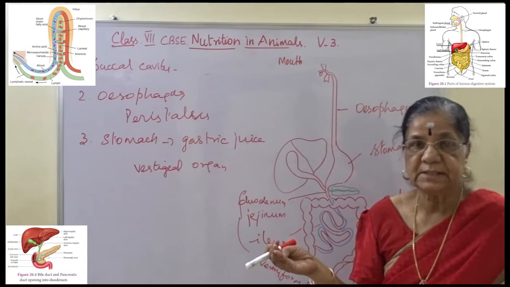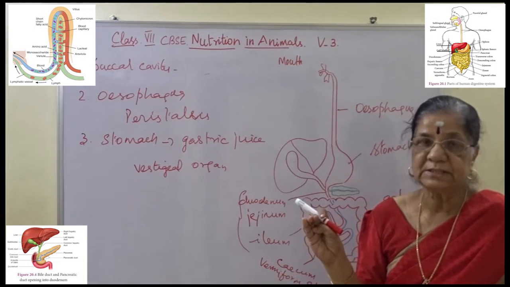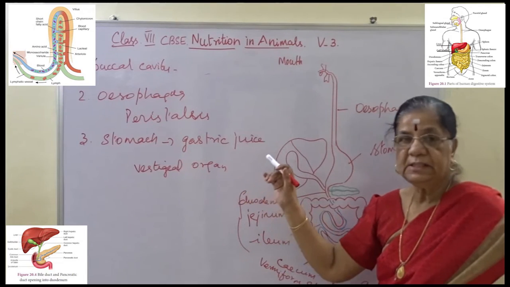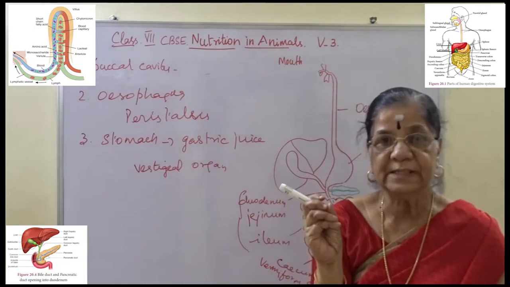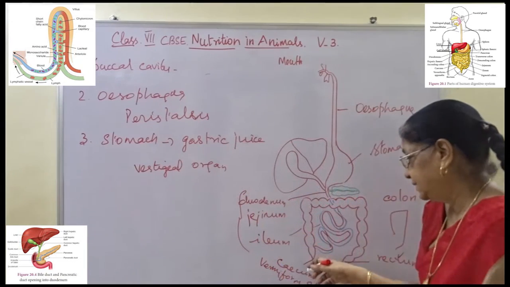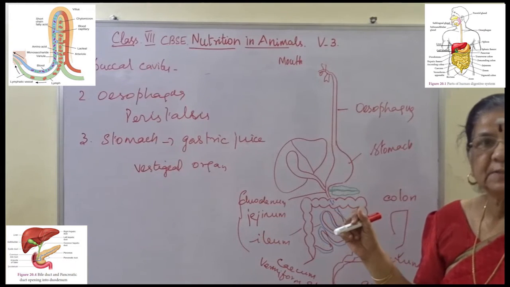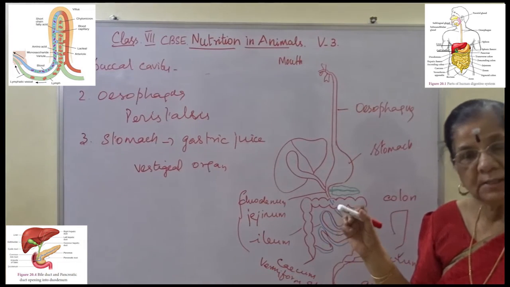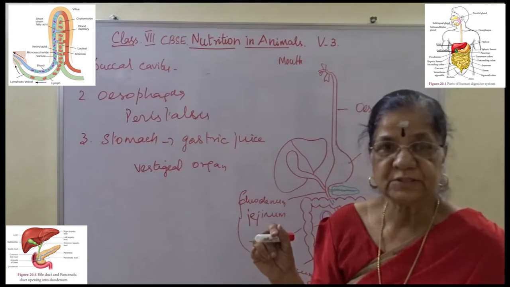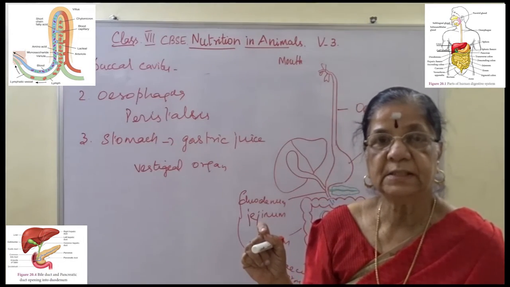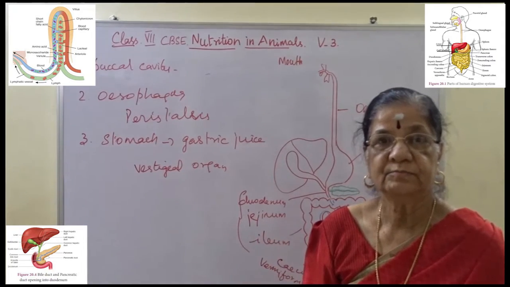The structure will be present in the body, but it is functionless. That is a vestigial organ. At the same time, inflammation or swelling of this appendix means the person is suffering from the condition called appendicitis. The immediate remedy is surgical removal. I hope you understand. We'll just continue.